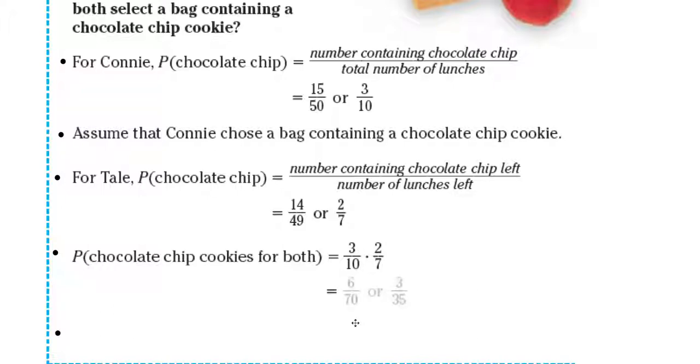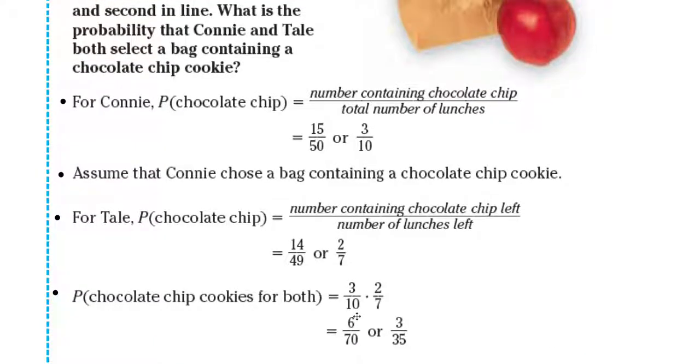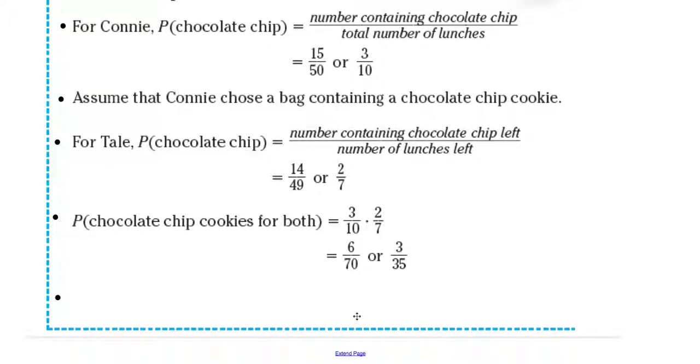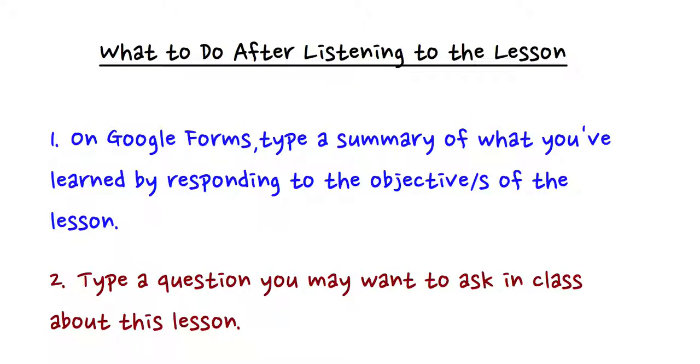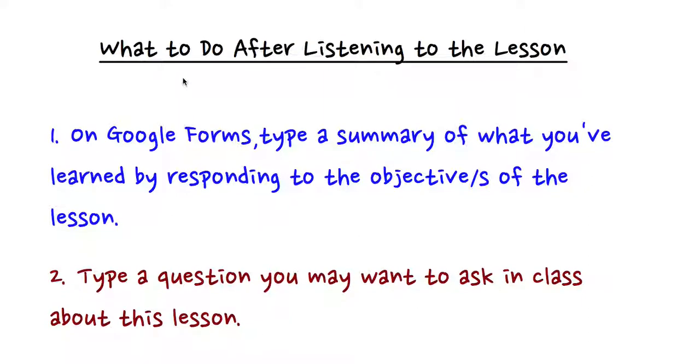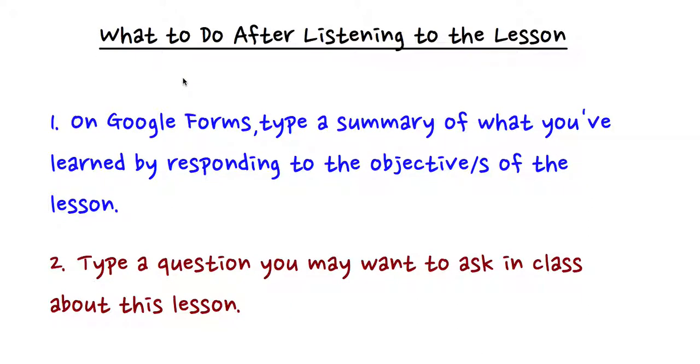Answer would be 6 out of 70. Simplest form would be 3 over 35. So in this case, the probability of both of them getting a chocolate chip in their lunch bag is 3 out of 35. And those are examples of independent and dependent events.